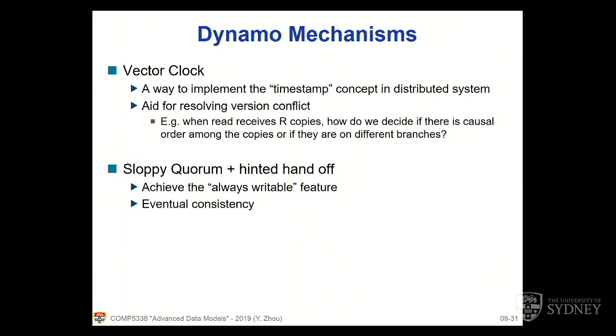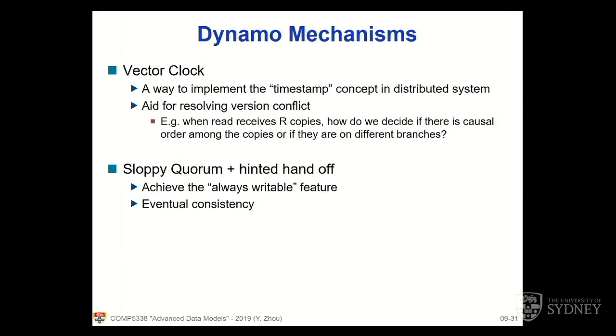So if we're using this quorum mechanism, we have this W and R, which kind of says we always need to contact this number of servers. And in the classical way, the servers you can contact are predefined, right? You should only contact those servers that are supposed to have a copy of the data.